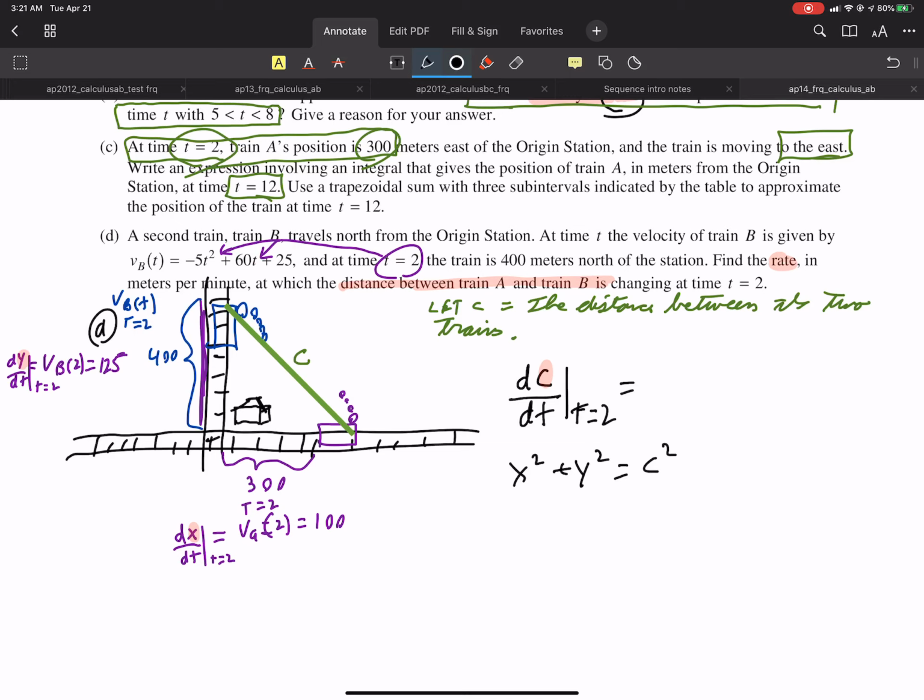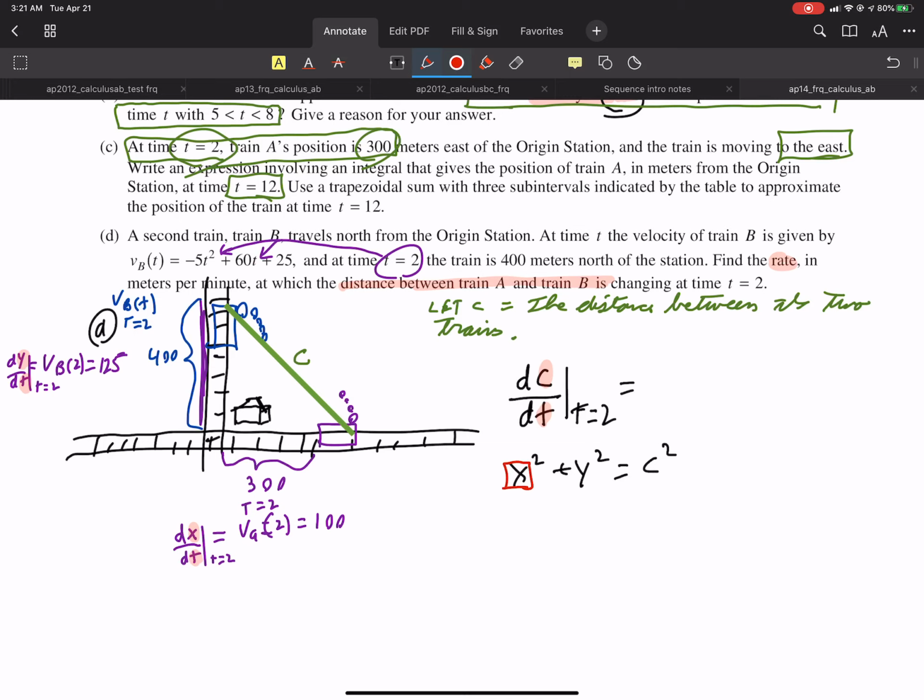Now we need to take the derivative, and you should see that the variable is t. It's not x, it's not y, it's not c, the variable is t. And you've got to realize at this point, this is the whole key of related rates. x changes as time changes because the train's moving.